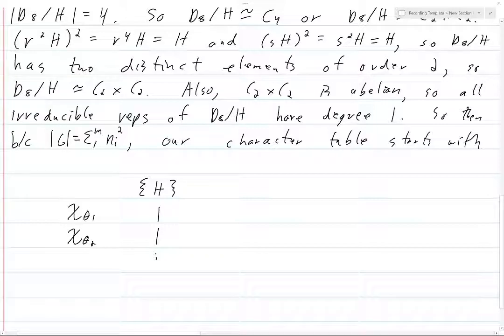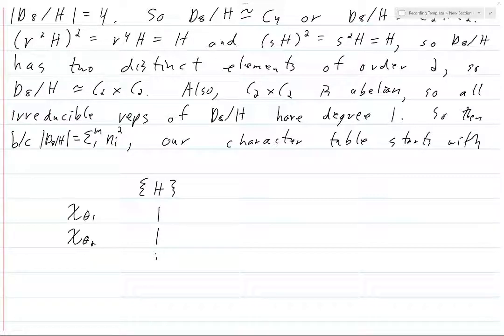So we have the sum of the Ni squares has to be the order of G. Well, the order of D8 mod H is 4. That's like the first thing we discovered about D8 mod H after discovering that it exists.